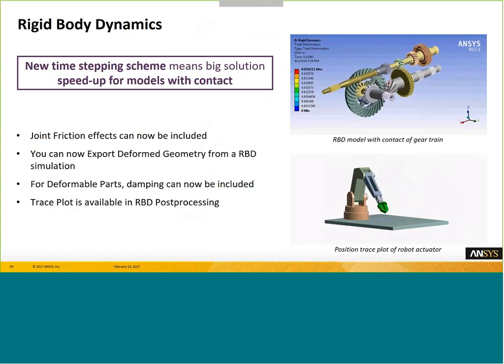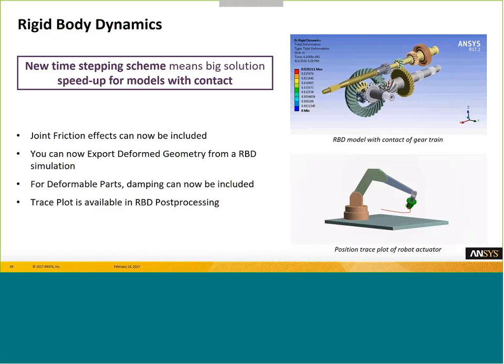We can apply damping. And one of the things that I got overly excited about for no good reason was the plotting of the motion of parts. So we can do a trace plot to show where a part has been in space. So if we're looking to see how far a part moved and is it going to intersect with somewhere another piece has been, we can use the trace plot functionality to capture that.